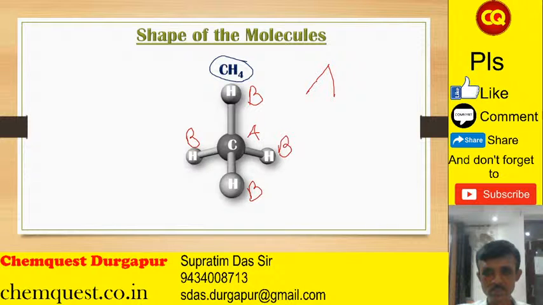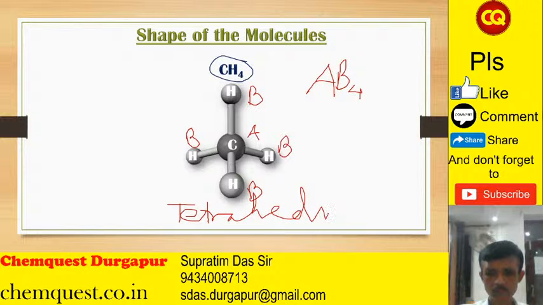Type is AB4, and it is tetrahedral. Tetrahedral in shape.